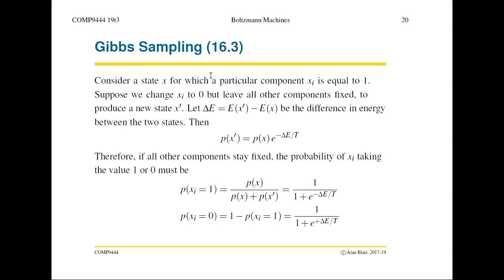If the old state was E of x and the new state is E of x prime, then the probability of the new state must be equal to the probability of the old state multiplied by e to the minus delta E over T.